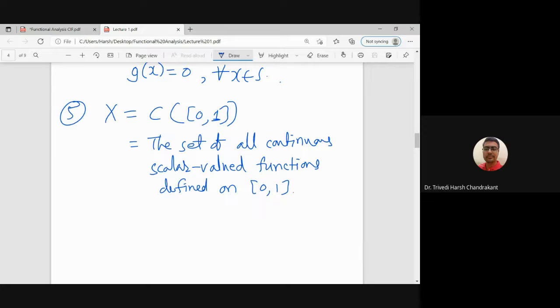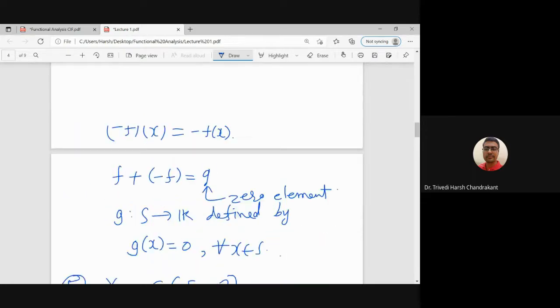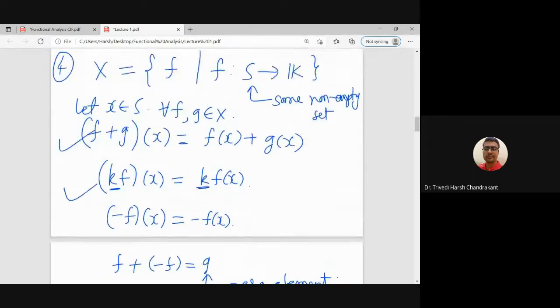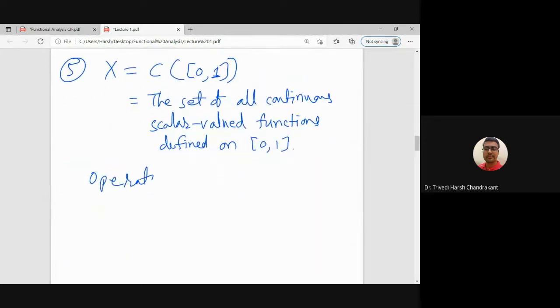So this is the set X. Now the operations are defined similarly: addition and scalar multiplication we define pointwise. So this is the fifth example.